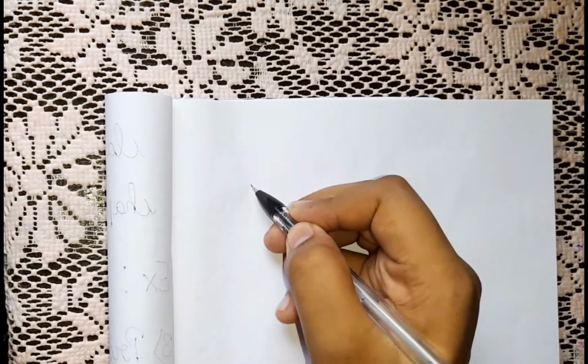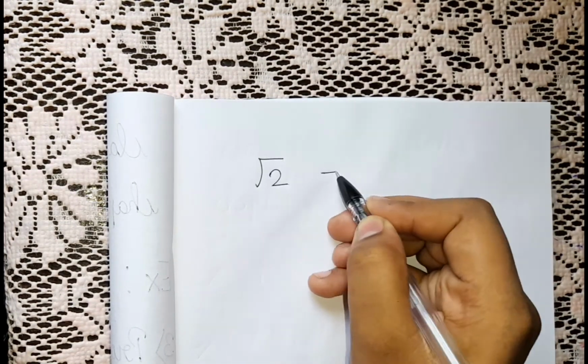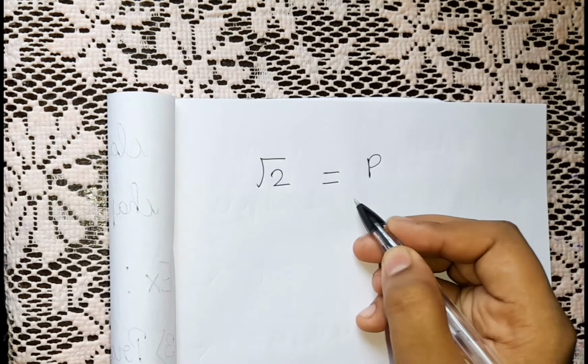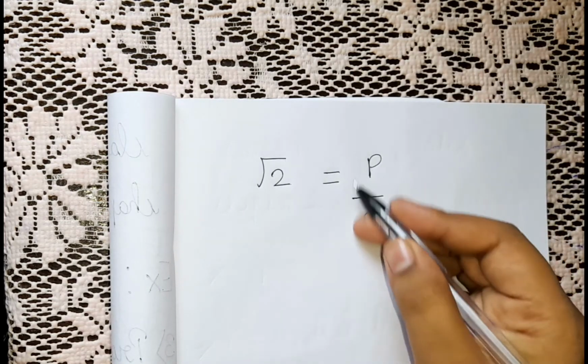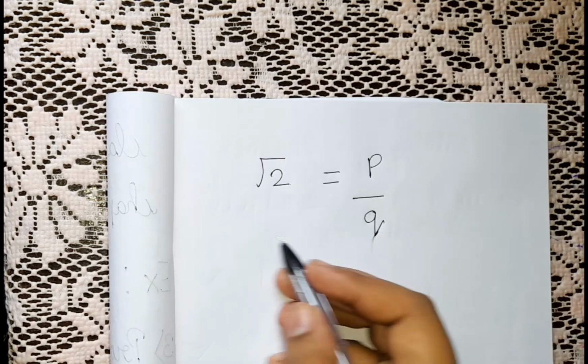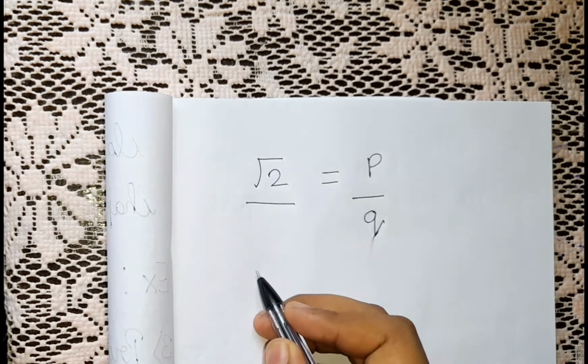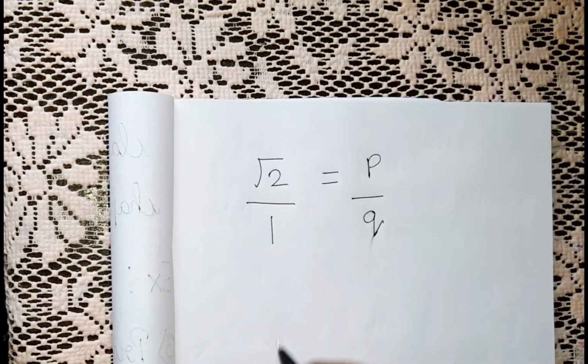Before squaring it, we should do certain things. First let me write root 2 is equal to p by q. Here it is in the fraction form, so here also it has to be in the fraction form. So I am going to write 1 down here.